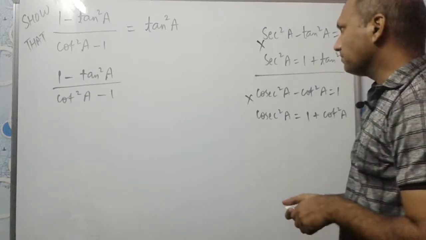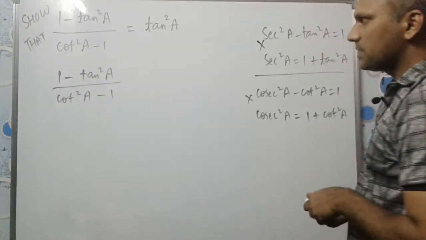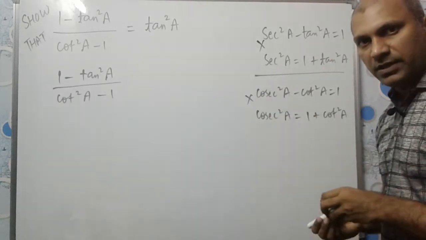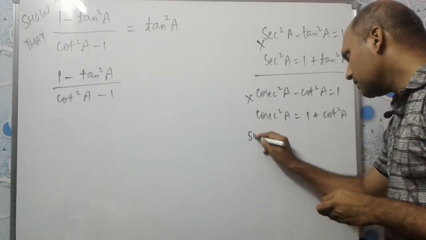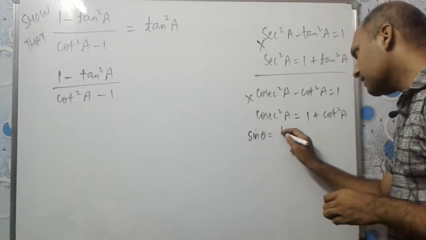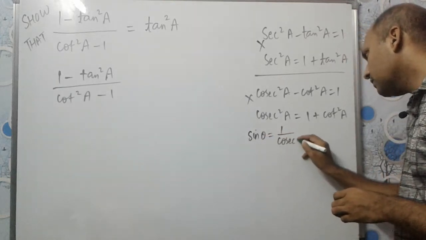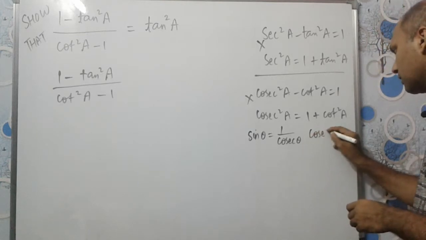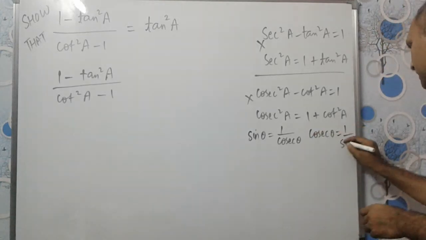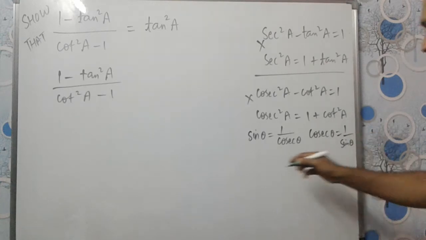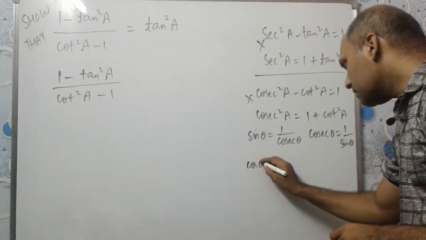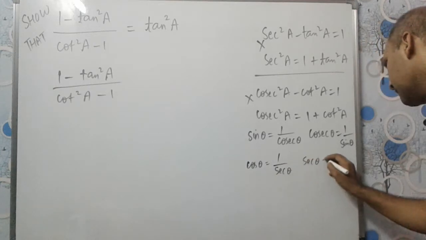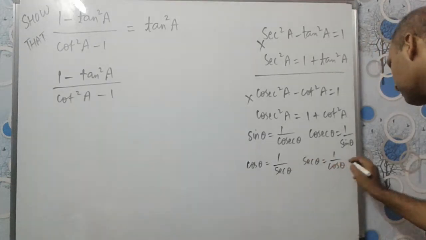Now, if we cannot use these identities, we need to use the relationship between trigonometric ratios formulas. What is that? We have learned sin theta is equal to 1 by cosecant theta, and cosecant theta is the reciprocal of sine, that means cosecant theta is 1 by sine. Cos theta is 1 by secant theta and secant theta is 1 by cos theta.